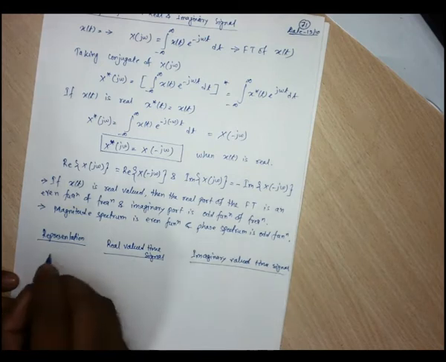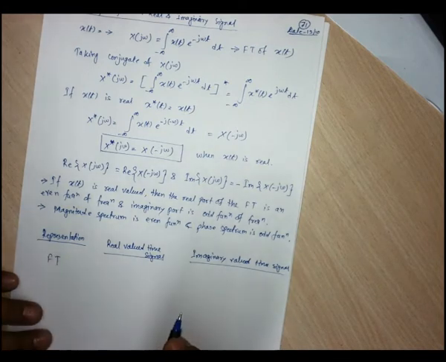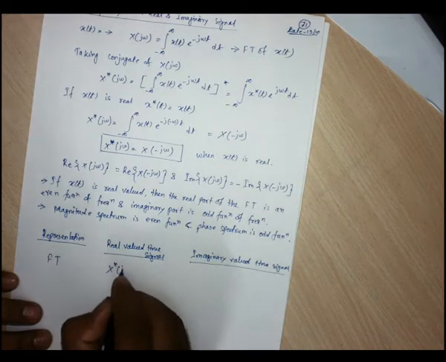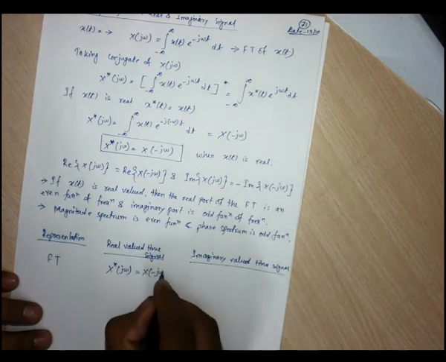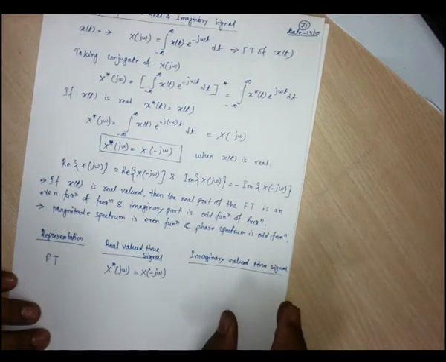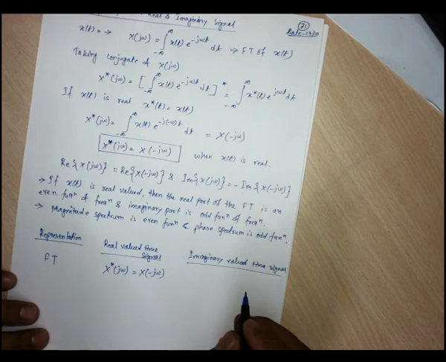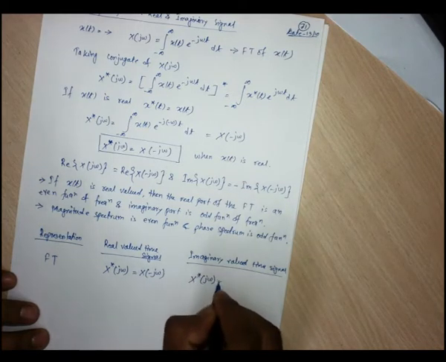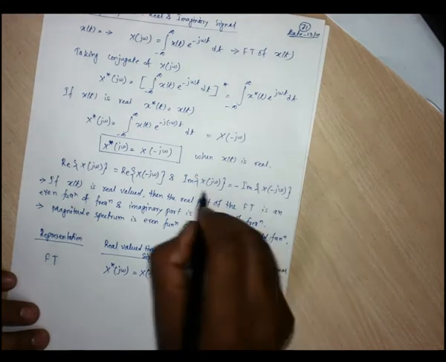For the Fourier transform representation, the conjugate of x of j omega for a real valued time signal is the same as x of minus j omega. But if an imaginary valued signal is taken, then the conjugate of x of j omega results in minus x of minus j omega.